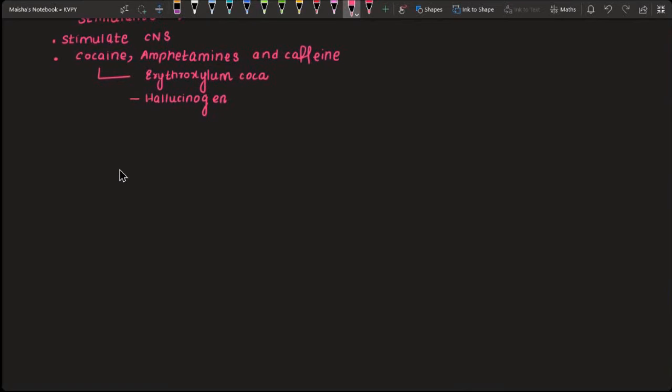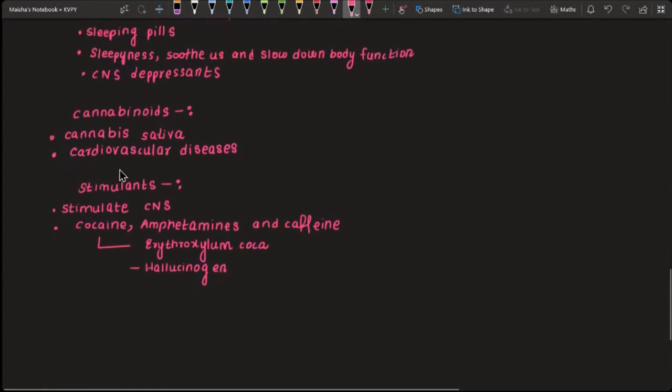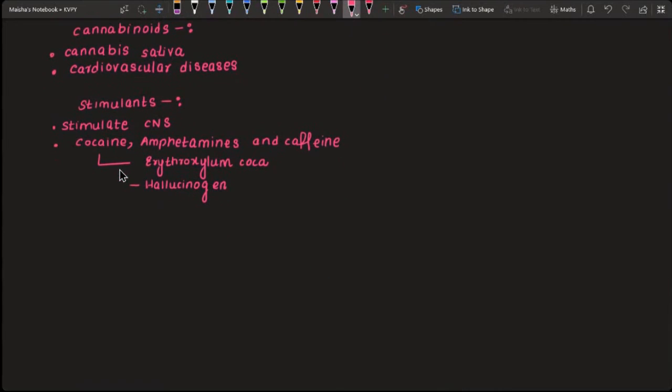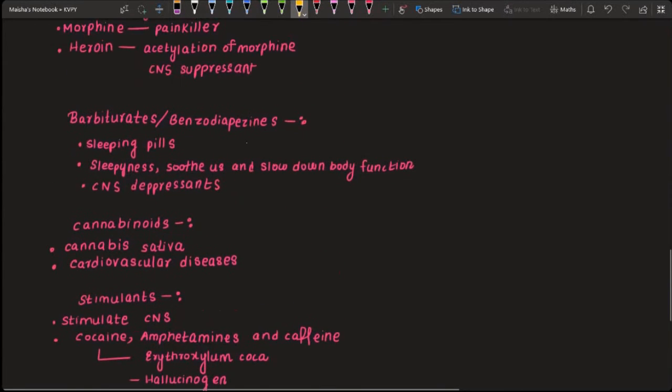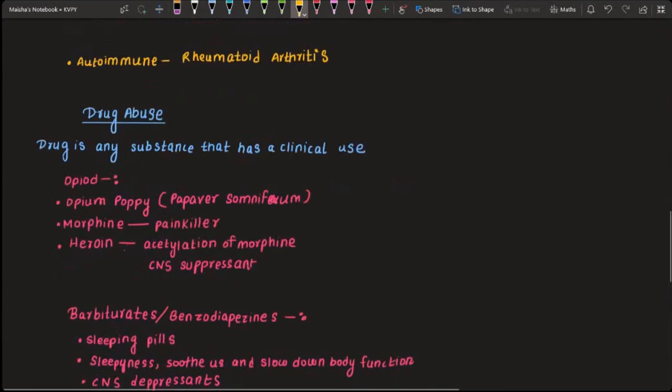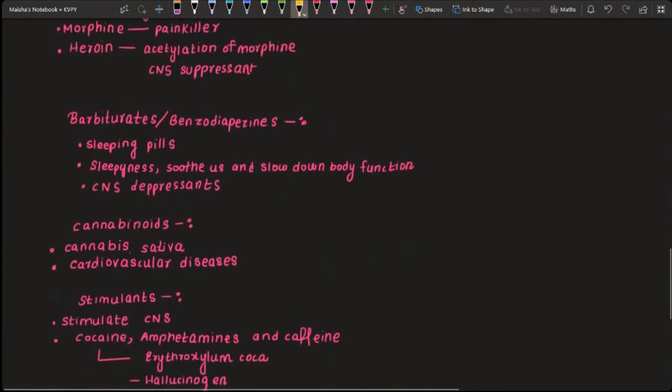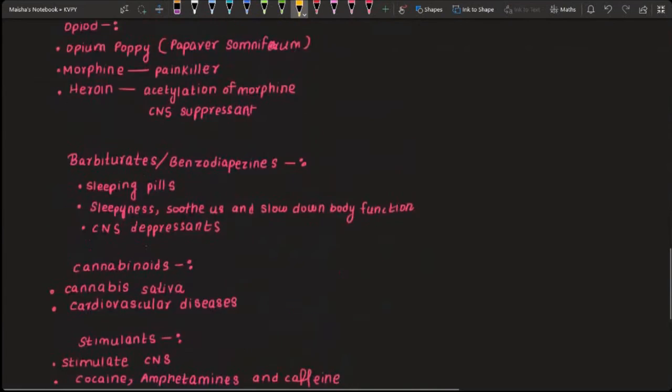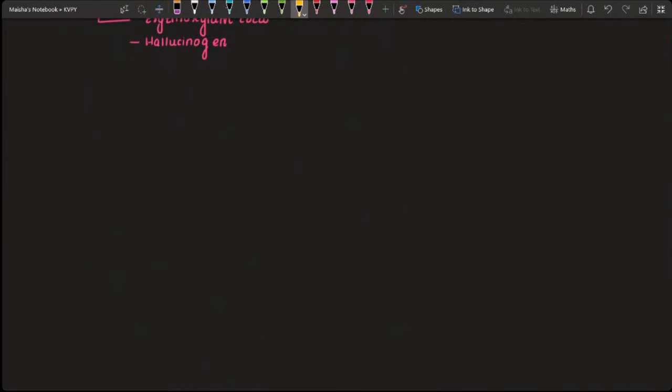The person hallucinates and is not able to distinguish or come back to reality. So now the most important thing about learning about drugs is from which plant it is extracted, and also what kind of effects it has. The most important point is cannabinoids will cause cardiovascular diseases. So this was about drugs.